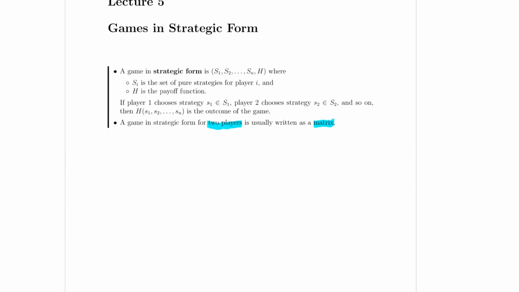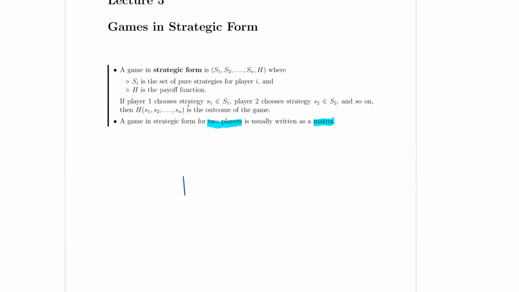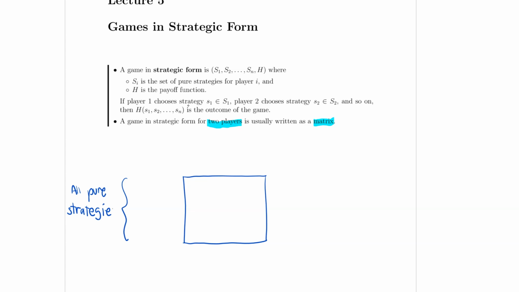The rows of the matrix are going to represent all the pure strategies from player 1, and the columns will represent all the possible pure strategies from player 2.